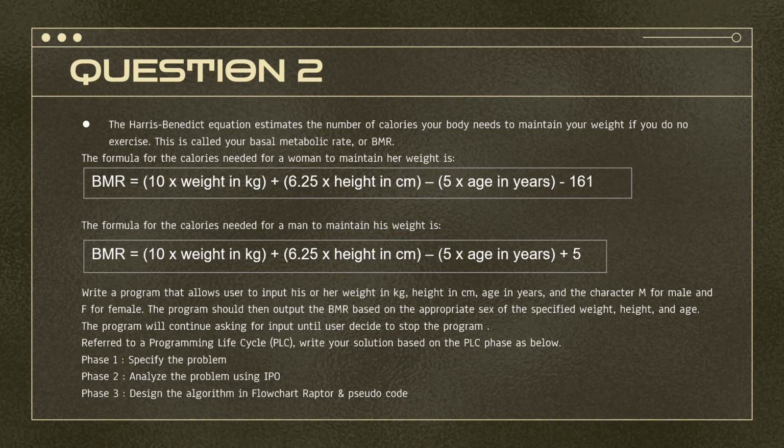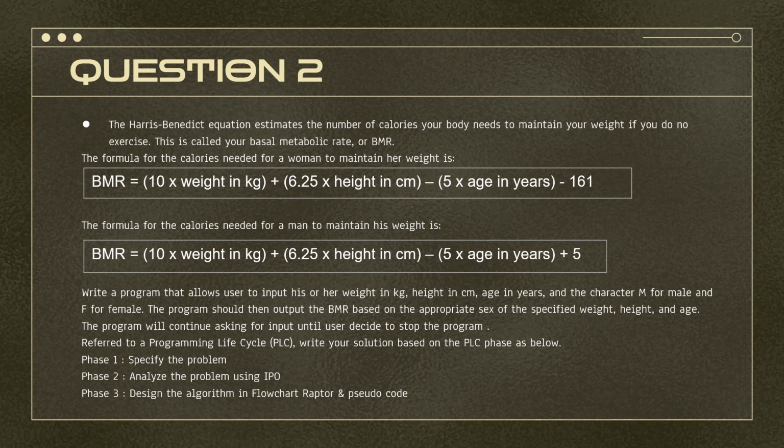Write a program that allows the user to input his or her weight in kg, height in cm, age in years, and the character M for male and F for female. The program should then output the BMR based on the appropriate formula for the specified weight, height, and age.